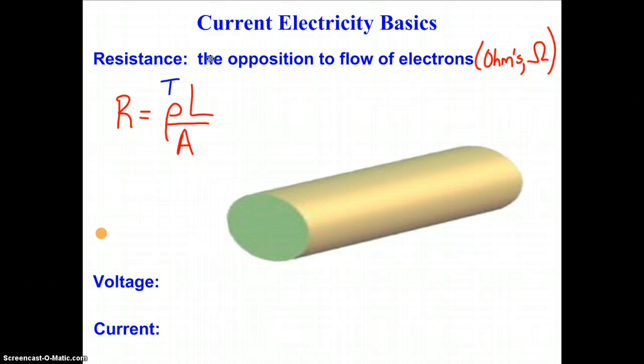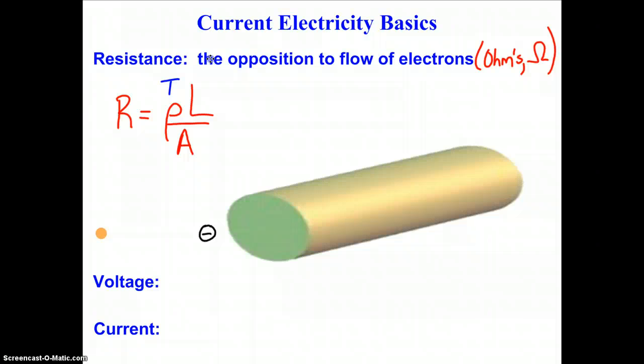So you can imagine you're an electron trying to get from one end of the conductor to the other. If the atoms were vibrating faster, it would make it more difficult to get from one end to the other. So again, temperature also has a direct relationship to resistance.